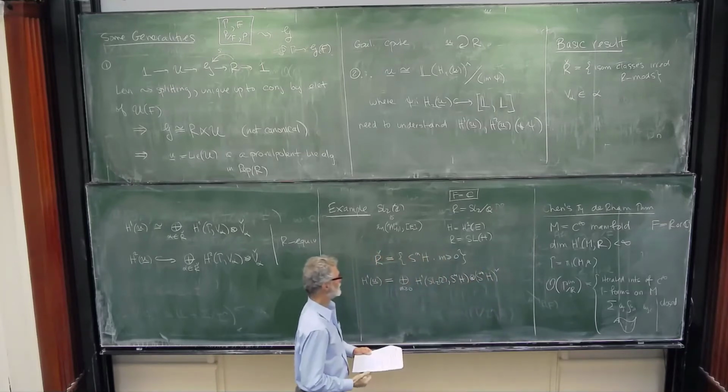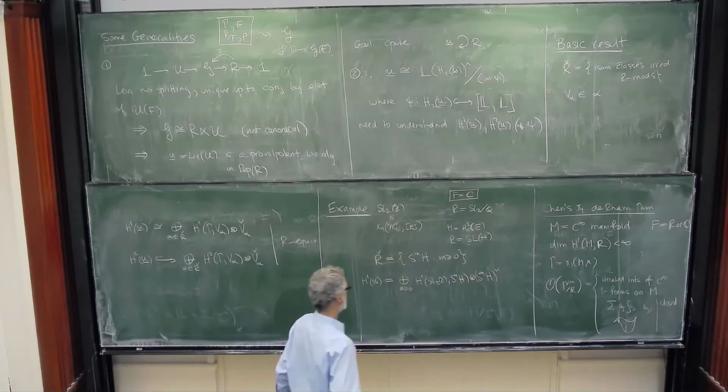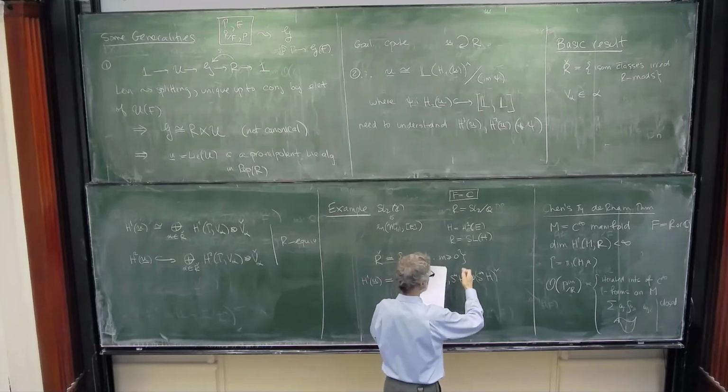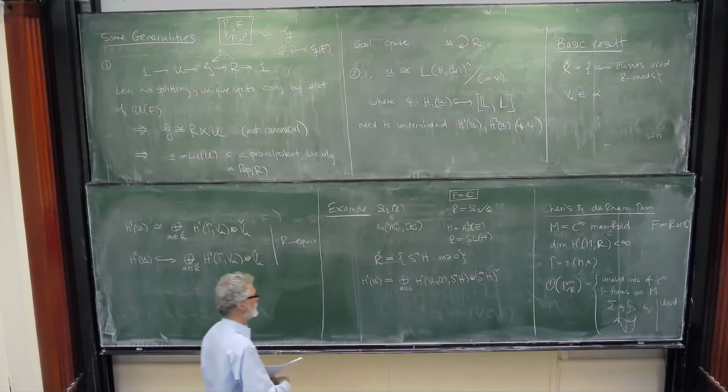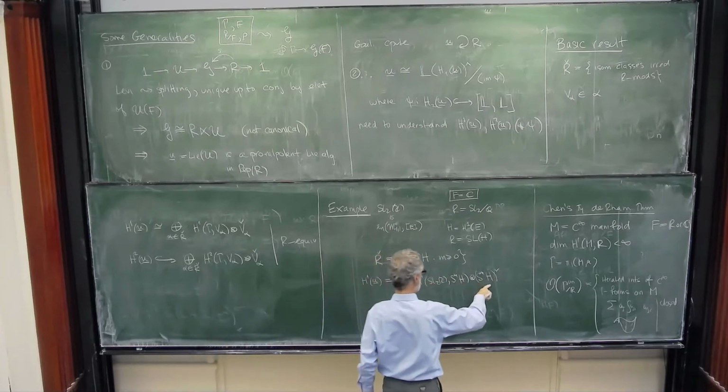But S^m H dual is isomorphic to S^m H. Sometimes when you're doing Hodge theory you have to be careful because you have weights, but let's ignore all that.